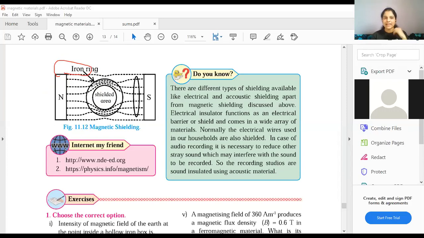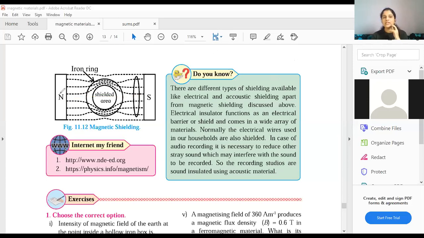All the external magnetic lines of force, you can see they have become curved over here. Why? Because they are moving through the ring. Rather than going through the shielded area, they prefer passing through the iron ring. Because of this, what is the advantage?